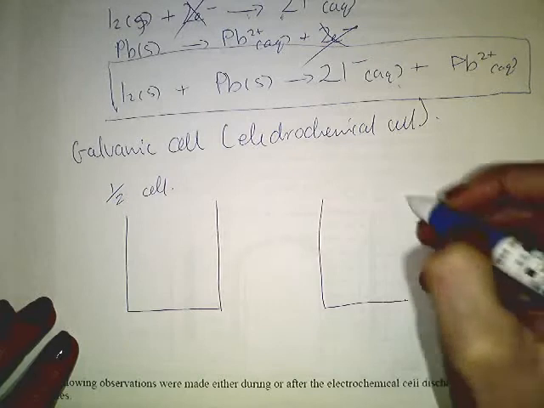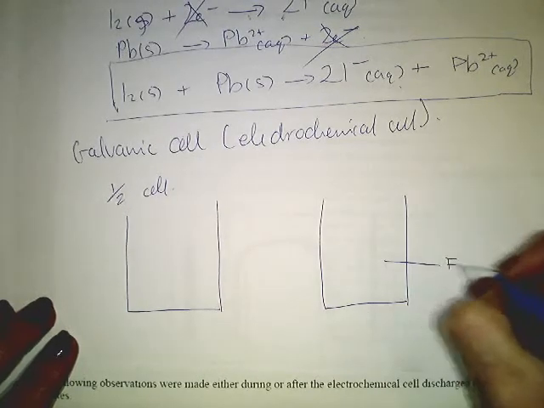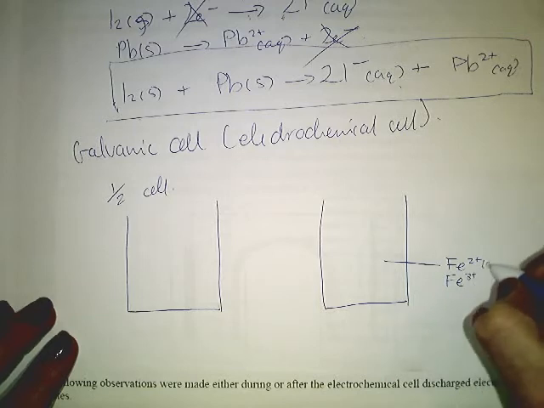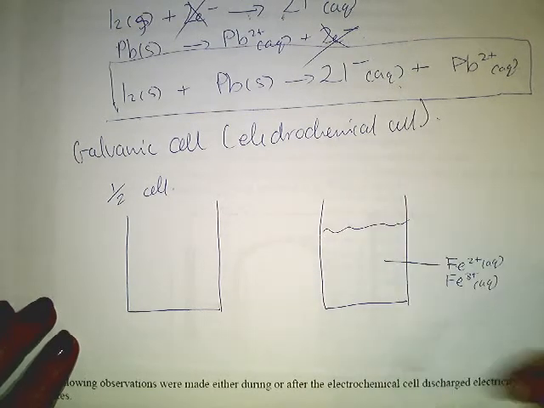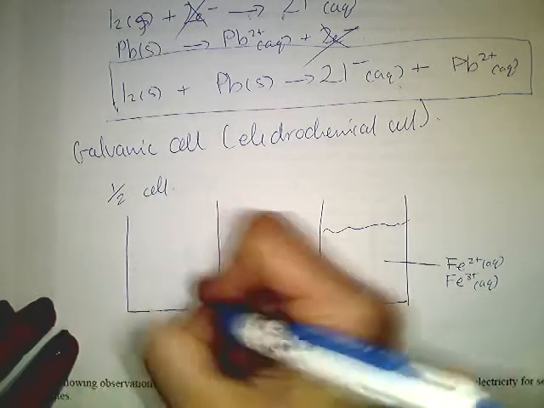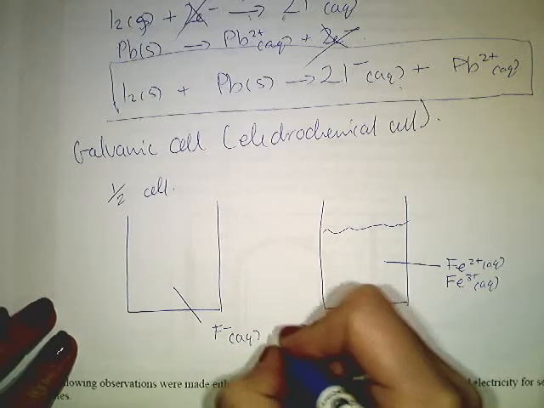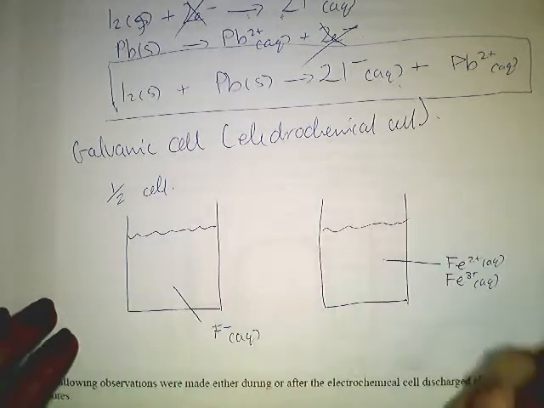So in this case, we would have iron 2 plus and iron 3 plus in solution. In the other case, we would have F minus in solution.